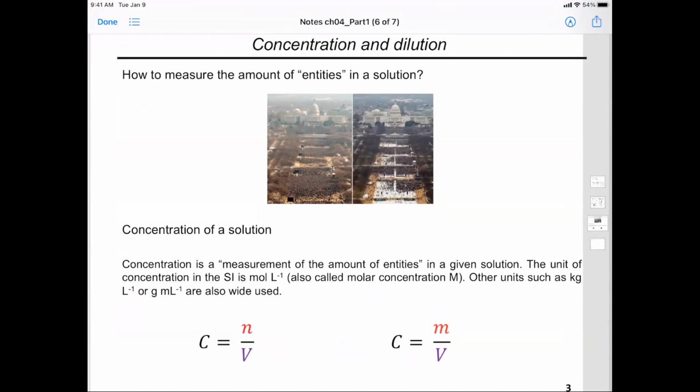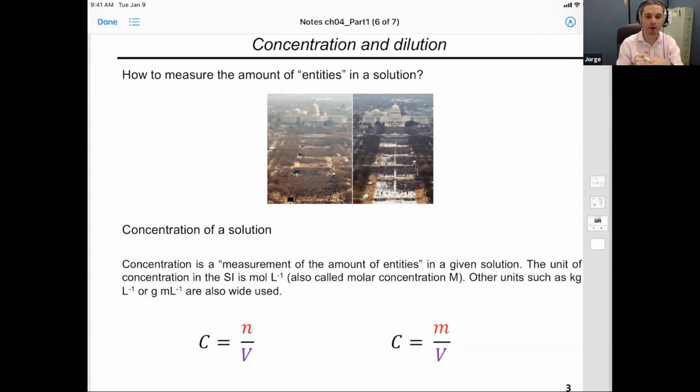So now let's start to talk about concentration and dilution. How to measure the amount of entities in a solution. Let's start with how to measure the amount of people in a determined volume or area.